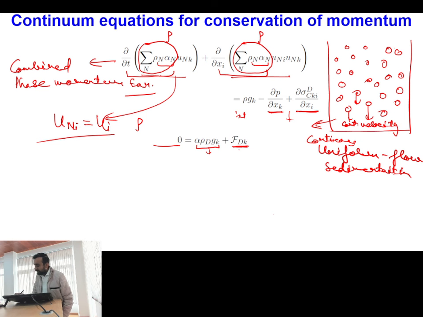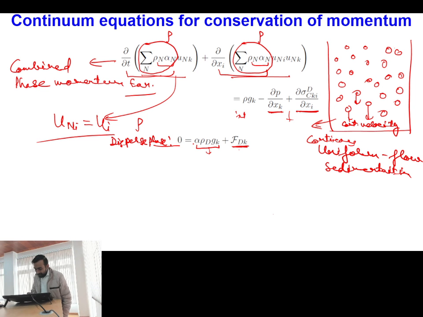If they are falling at the constant velocity, then the acceleration of the particles will be 0. So for the dispersed phase, my left hand side will be equal to 0. Is this one clear?